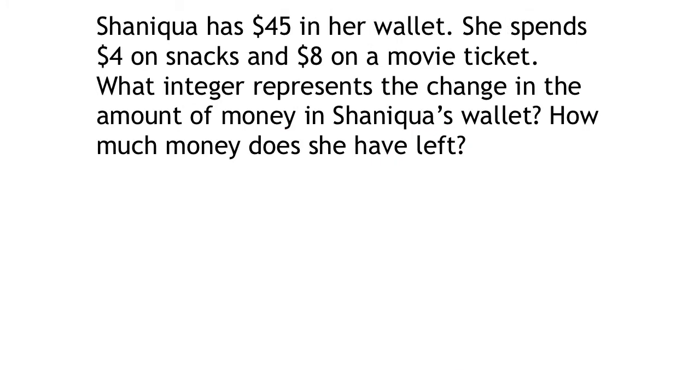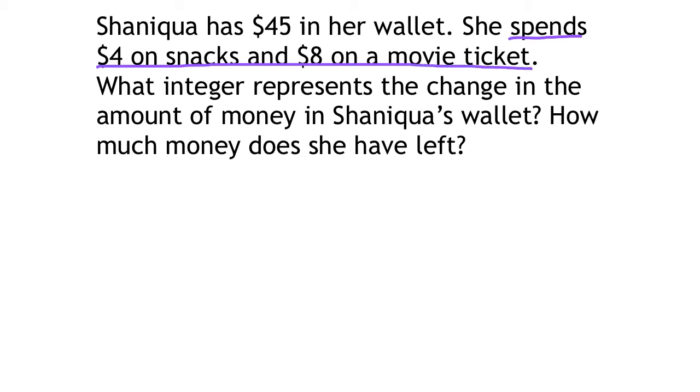Shaniqua has $45 in her wallet. She spends $4 on snacks and $8 on a movie ticket. What integer represents the change in the amount of money in Shaniqua's wallet? Well, if we look at what Shaniqua has done, she has spent $4 on snacks and $8 on a movie ticket.